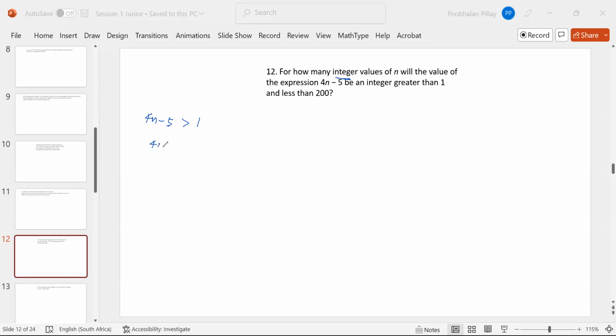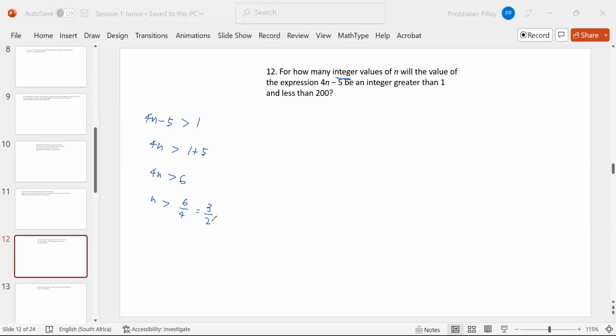You can take 1 to the other side, and n is greater than 6 over 4. You can multiply by a quarter. That's positive, so we're multiplying by a quarter on both sides, and you get 6 quarters here.